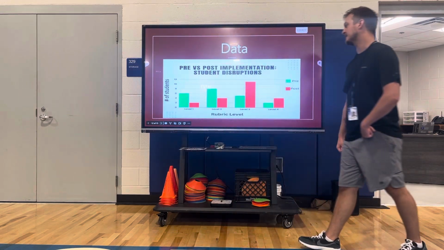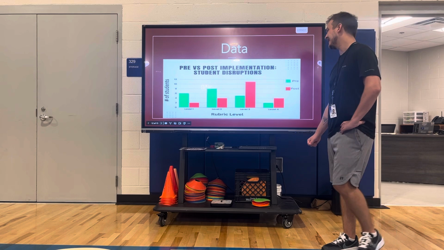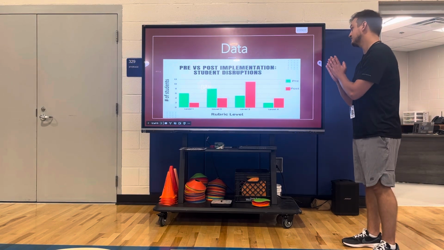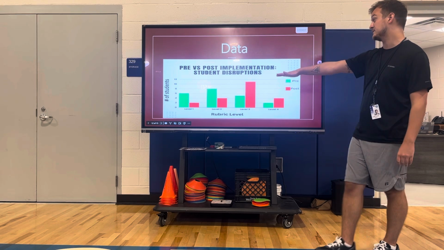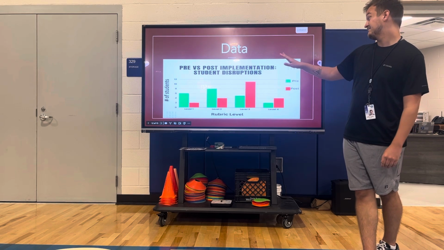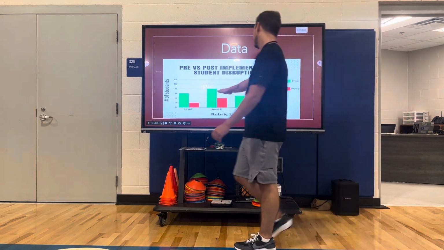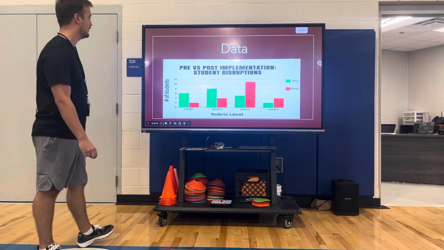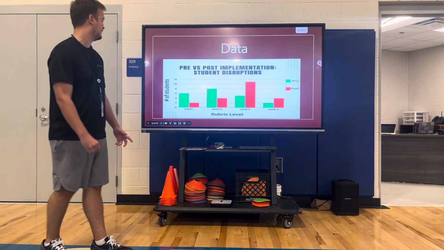So this is the data I collected. Green is my pre-data, and red is my post-data. If you notice, in the pre-data, the number of students I had with 5 plus disruptions was 8 and 6. So that's 14 students in a class of only about 20, I believe.